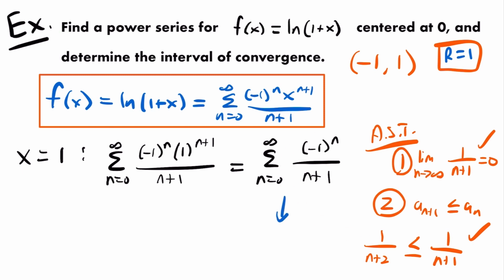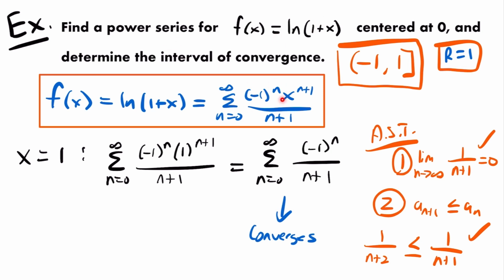All right, so this series converges, which means that +1 should be included in the interval of convergence. So I'm going to change that open bracket to be a closed bracket. And now we have the interval of convergence for the power series that represents this function. Okay, so finally, we have completed this example.